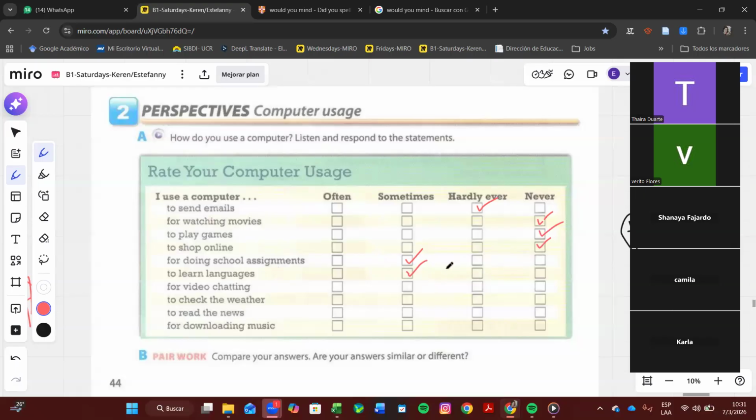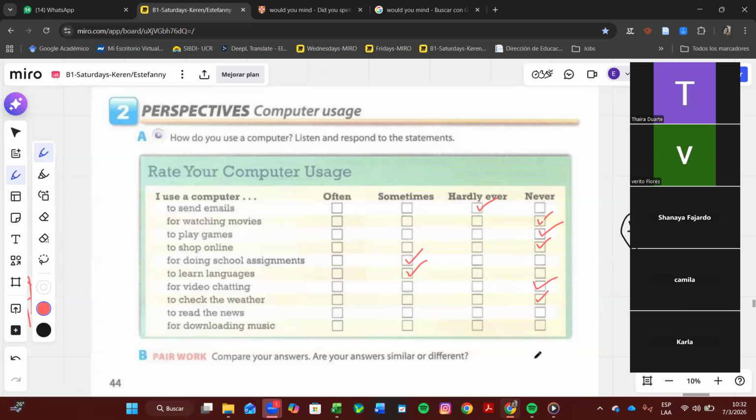Shania, are you there? Shania, how often do you use your computer for video chatting, like Zoom or having conversations with your friends? Never. Okay. Camila, how often do you use your computer to check the weather? Never. Okay. Carla, are you there?